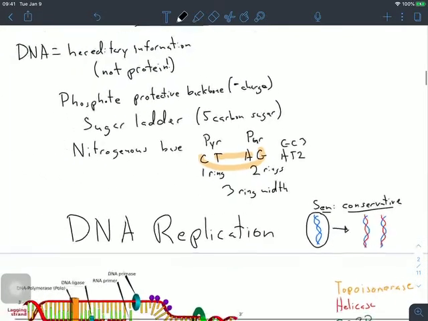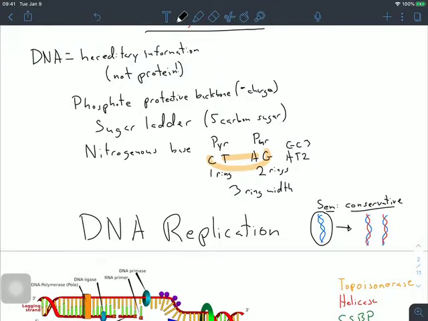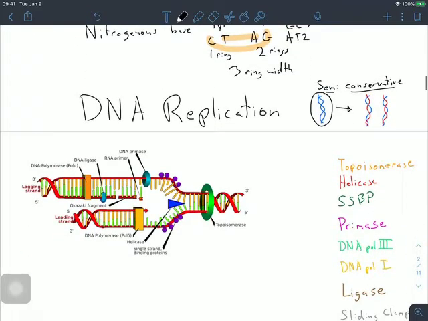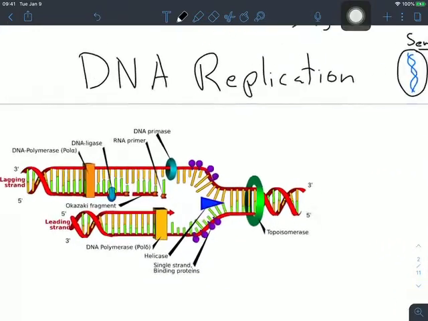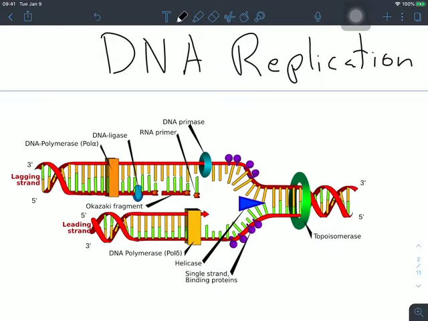In terms of structure, and I don't want you to be overwhelmed by this, we will be going over this a couple times. There are a lot of different components to the replication of DNA. So let's take a look at them in turn. The first thing you're going to note is that your DNA has directionality.